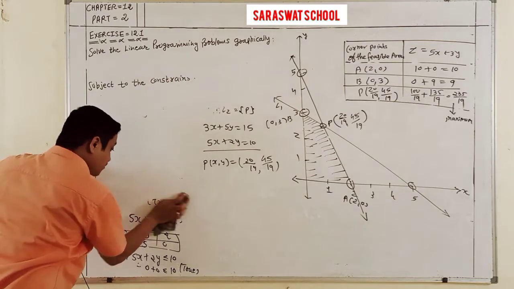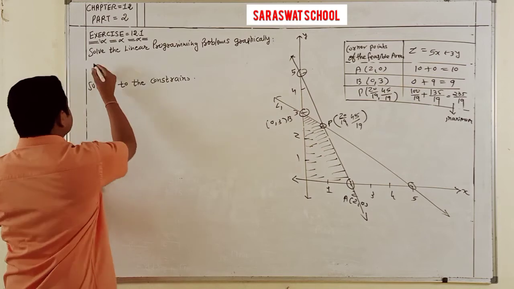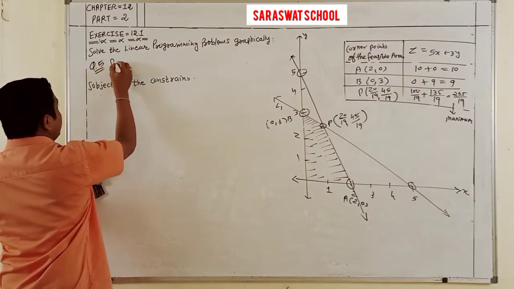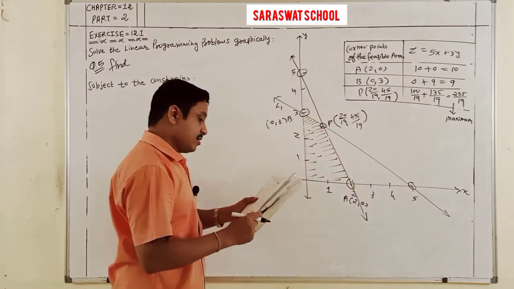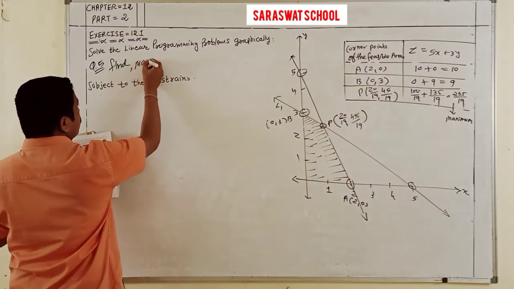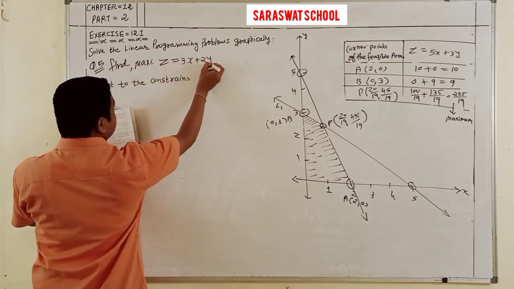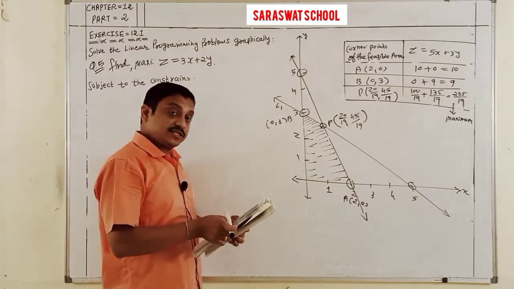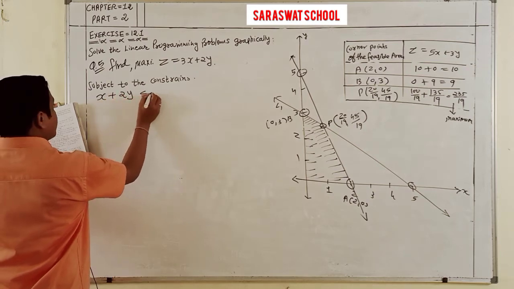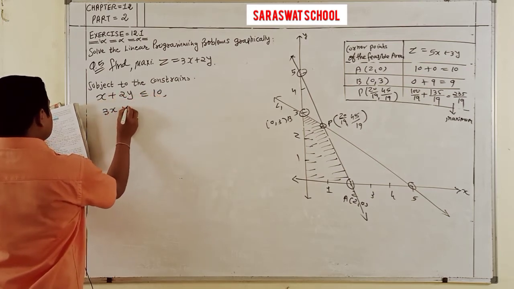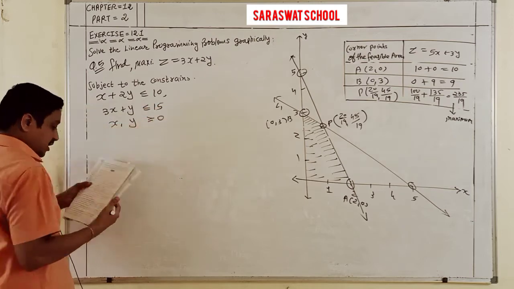Question 5 also, but IMP, most important questions coming here now. In the fifth one, find the maximum value of Z = 3x + 2y, subject to x + 2y ≤ 10, 3x + y ≤ 15, and x and y greater than or equal to 0.